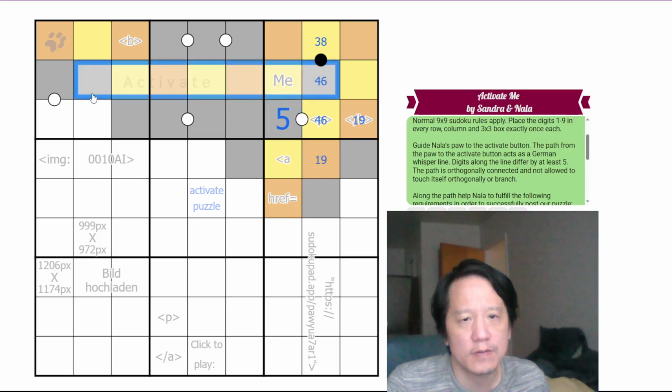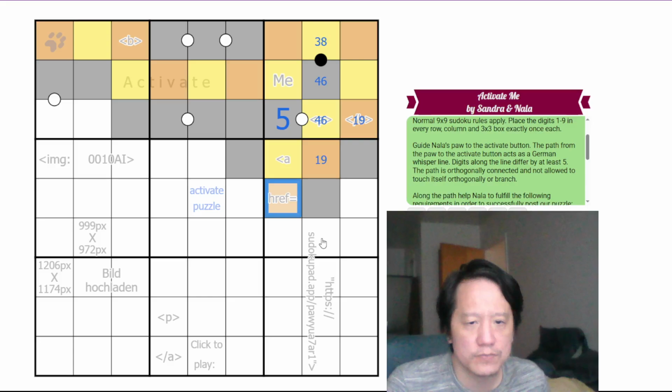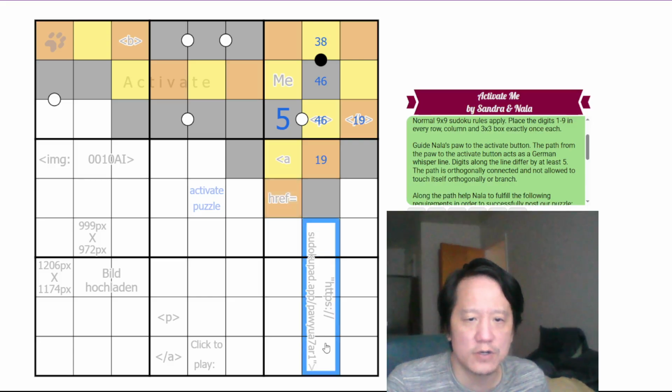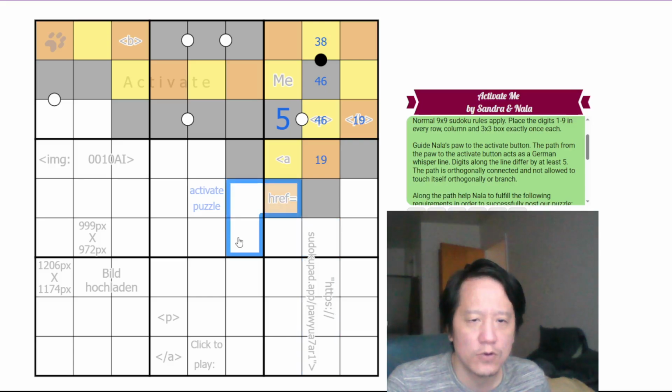Okay. We have 4 yellows in row 2. These are all going to be part of the link. Can we go out then and then come back?